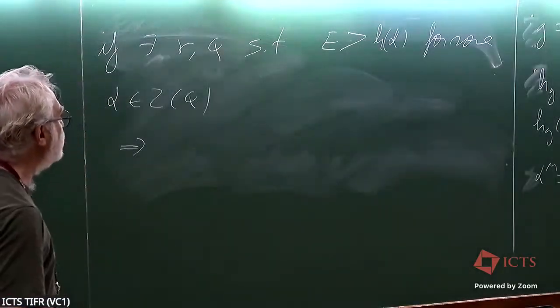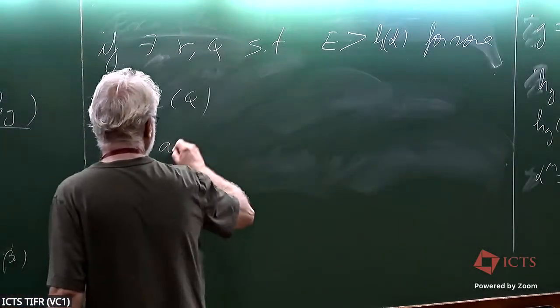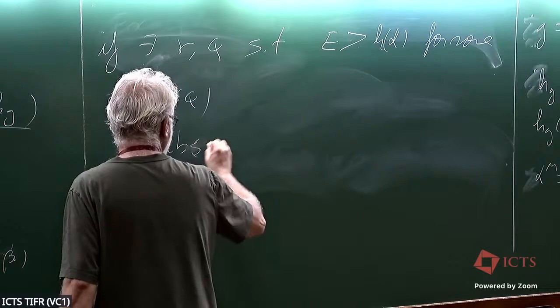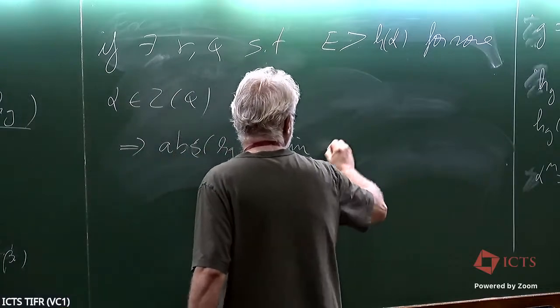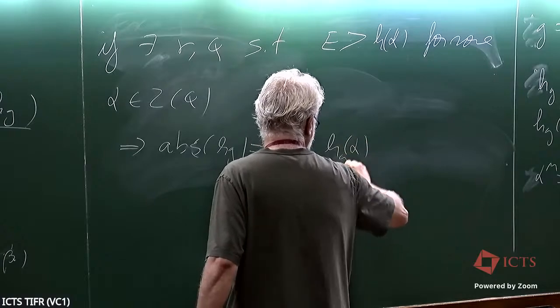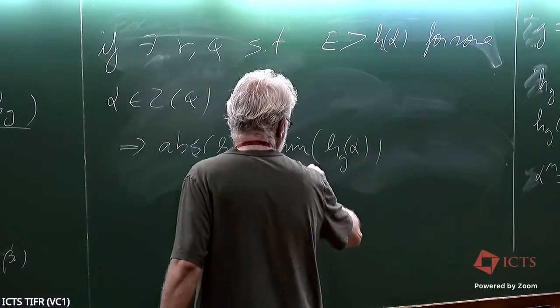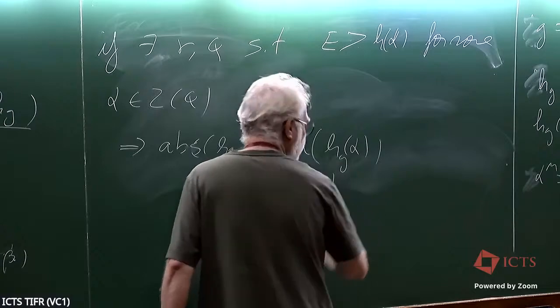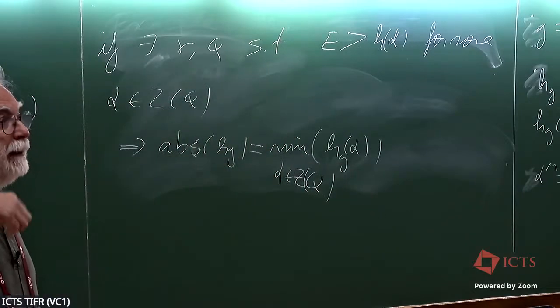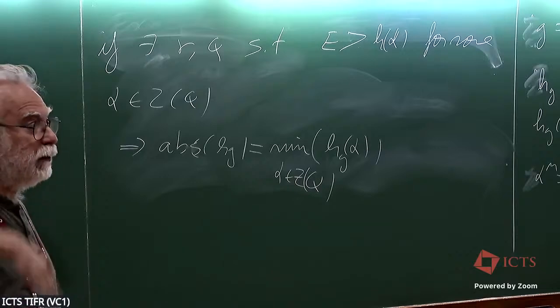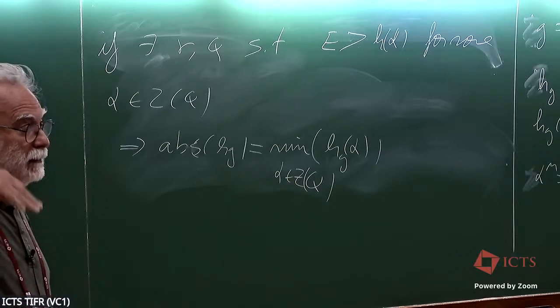Then what we know is that the absolute minimum of the height will be exactly the minimum of H of alpha for all alpha inside the zeros of Q. The moment there is one element that is below this lower bound, there will be only a finite set of guys below this lower bound.